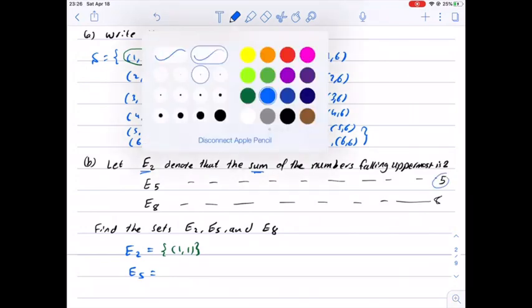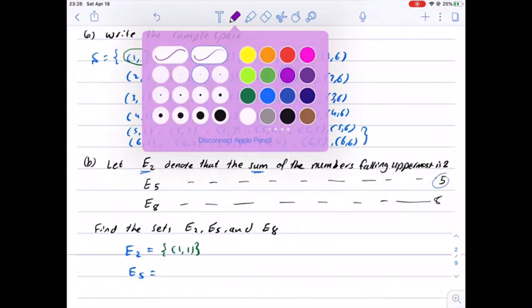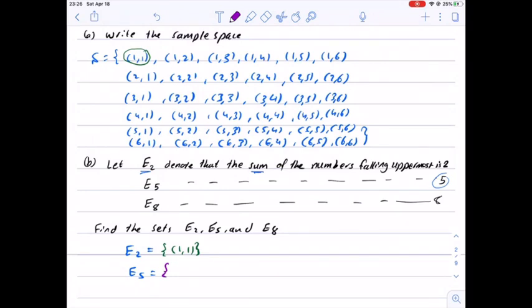Now what about E5? The sum should be 5. So let's use this color. Sum is 5. We have 3, 2, 2, 3, 1, 4, 4, 1.